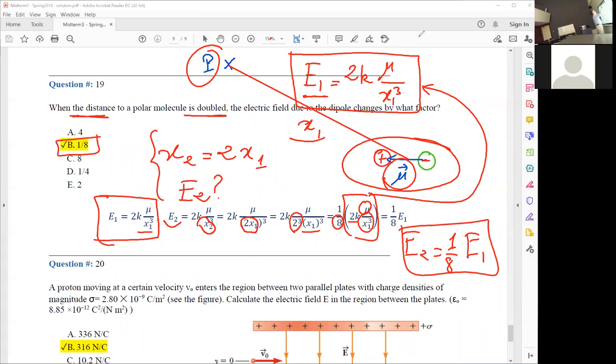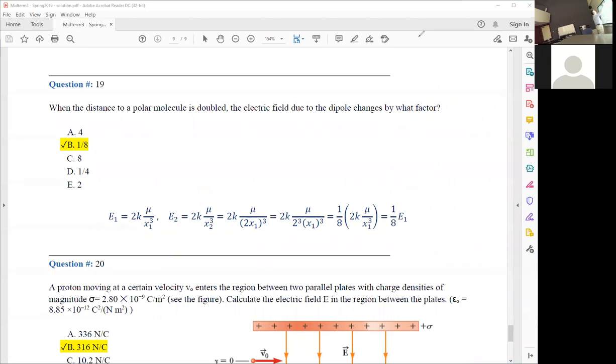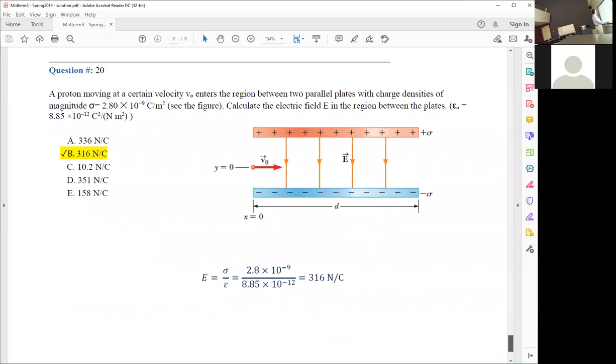Okay, so let's clear these notes and move to the next question, the last question in this midterm 2019. This question is asking us the following: a proton moving at a certain velocity v naught enters a region between two parallel plates with charge densities of sigma.